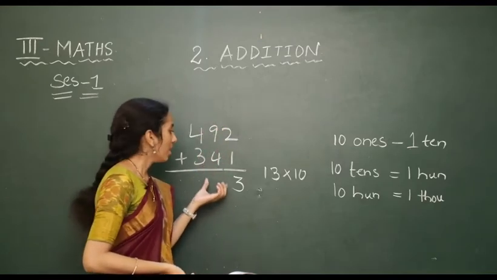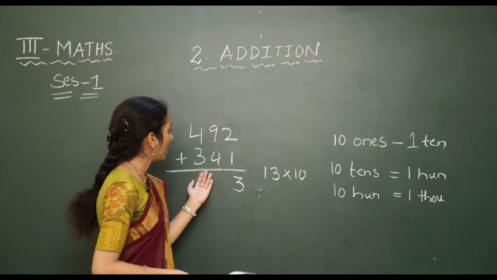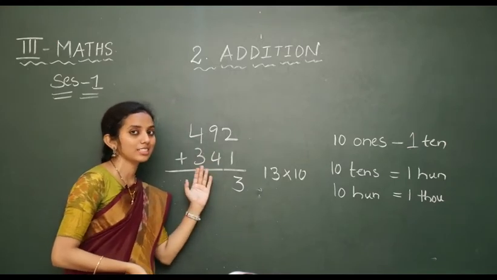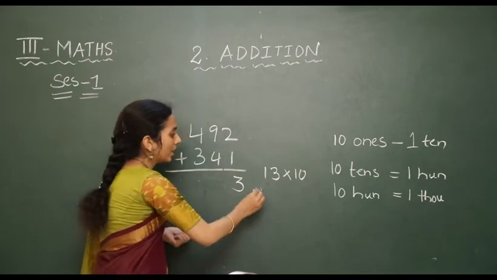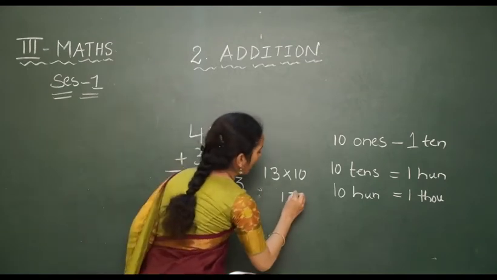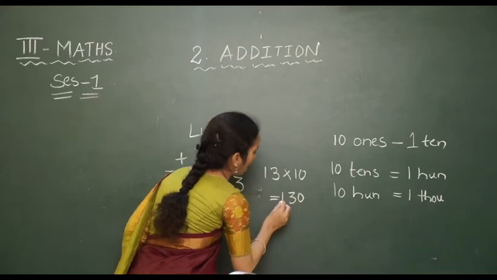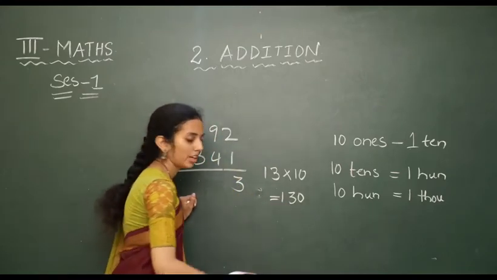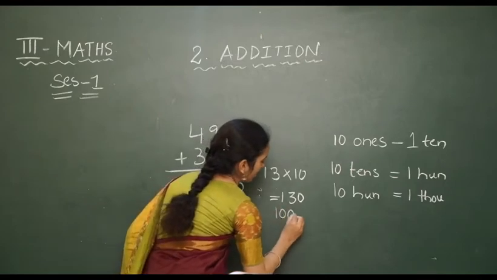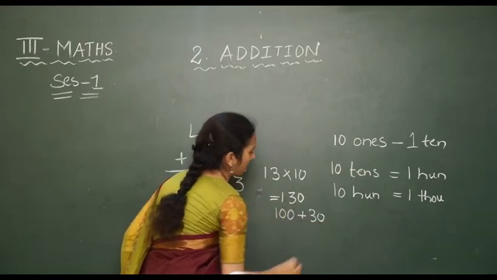So, how do we calculate the value of the digit that is there in tens place? By multiplying with 10. So, 13 tens is 130. So, how do we write 130? We write it as 100 plus 30.